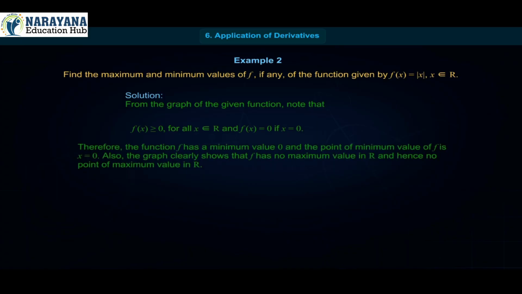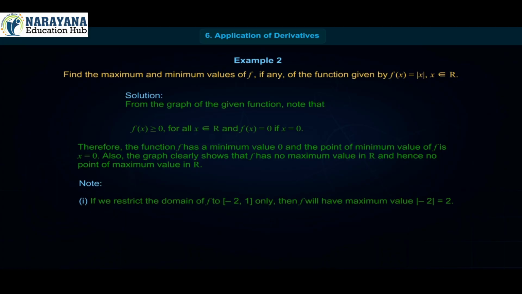Therefore, the function f has a minimum value 0 and the point of minimum value of f is x equals 0. Also, the graph clearly shows that f has no maximum value in R and hence no point of maximum value in R.